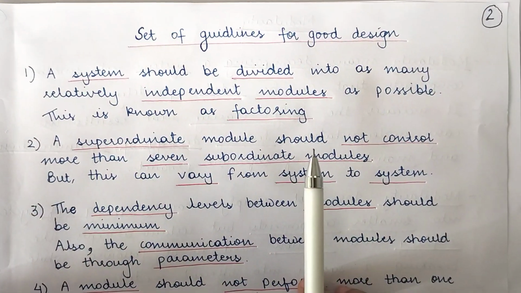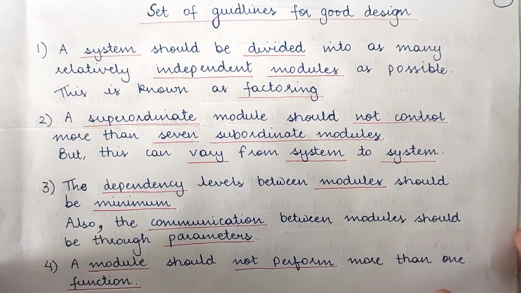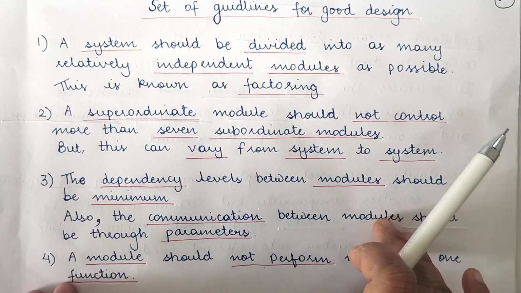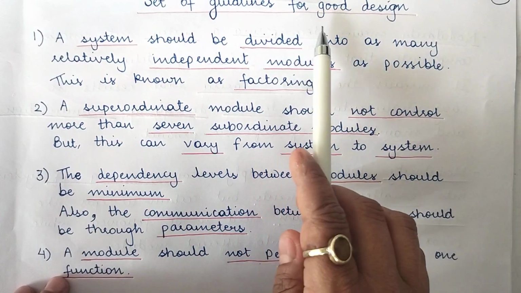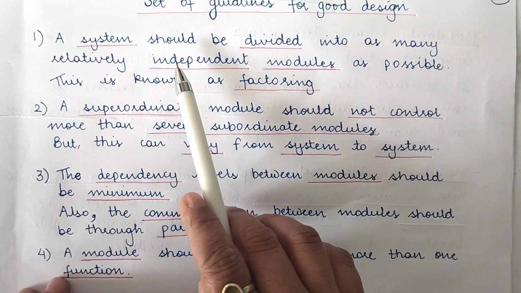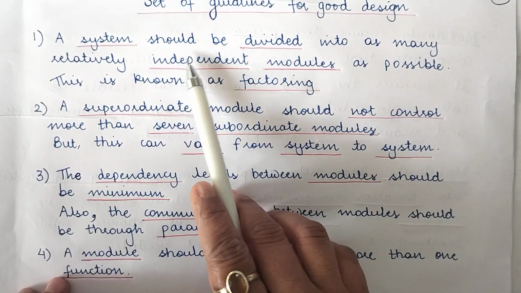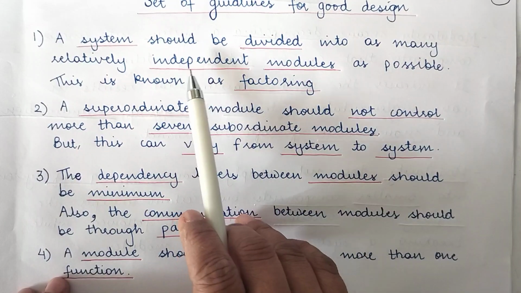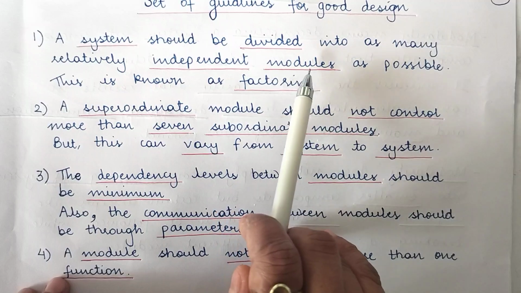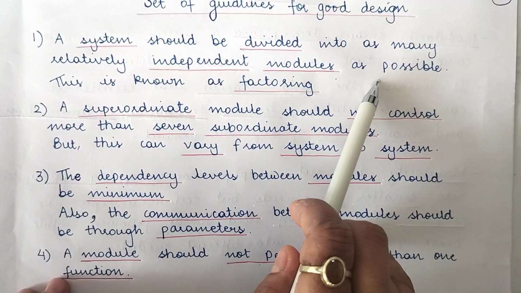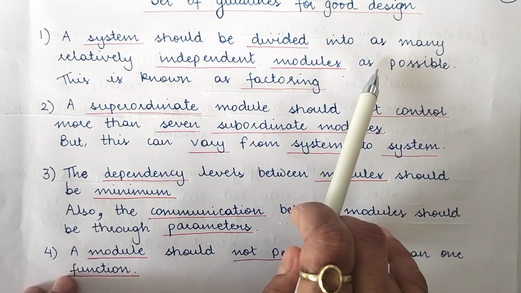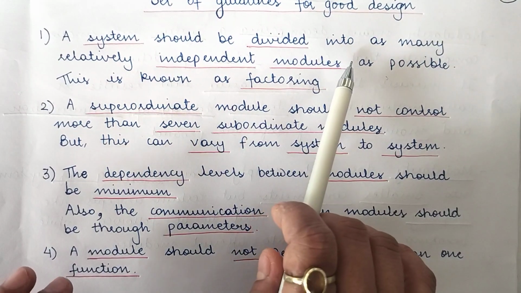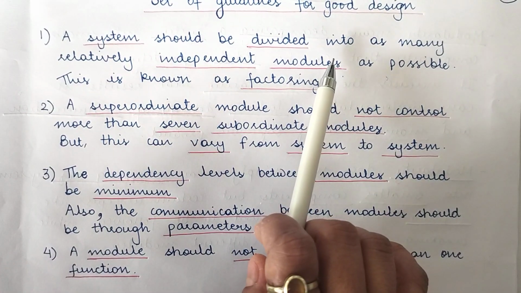Now, what are these set of guidelines? As I said, you just cannot simply chop off the system into smaller modules without any rules or guidelines. So, what are these guidelines for good design? The first guideline is that a system should be divided into as many relatively independent modules as possible. When I say relatively independent modules, this means one module should not be dependent upon the other module.